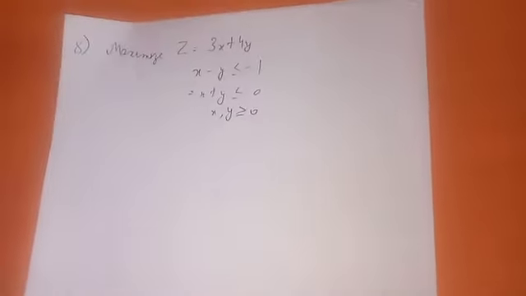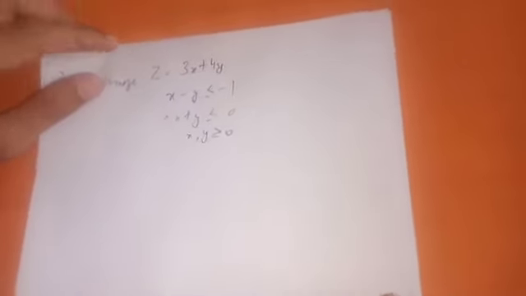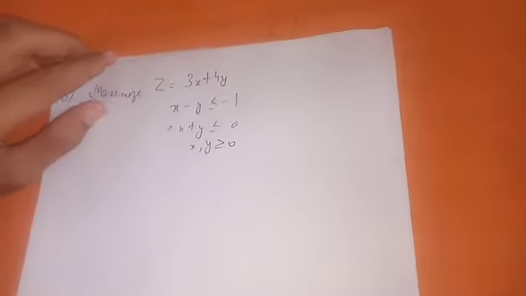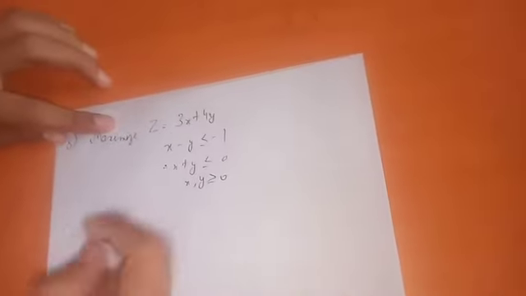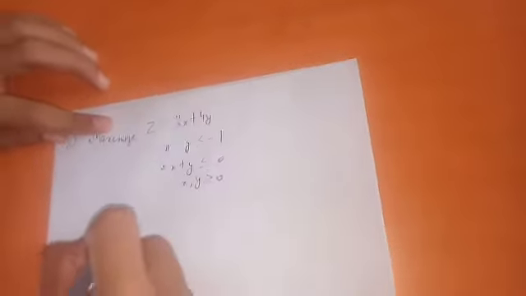So first we will take one of our constraints and we'll find the value of x and y. So first is x minus y is equal to minus 1. We'll draw a table for it.